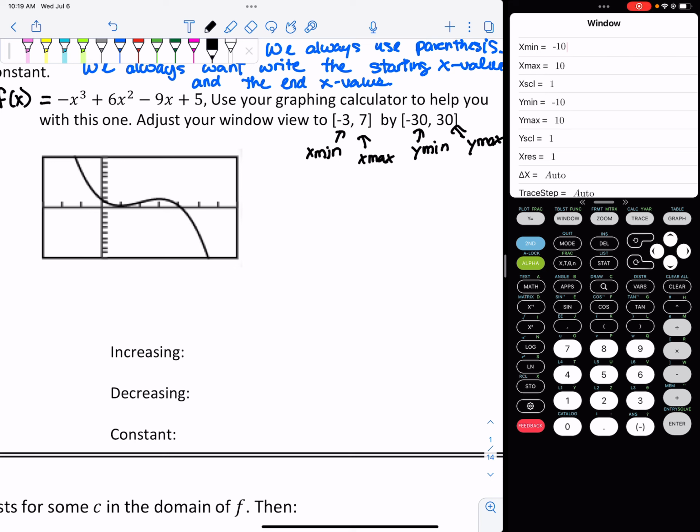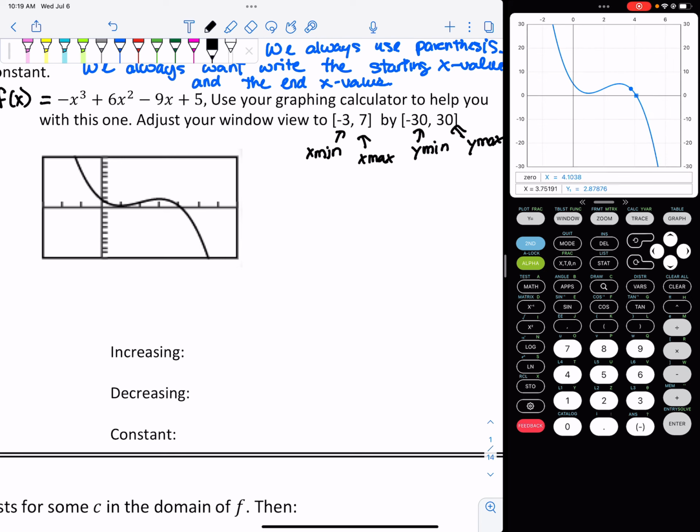And again, you have to put in the negative on the left side of the button that says enter and not the minus button, okay? The x max is 7. Y min is negative 30. Y max is 30.